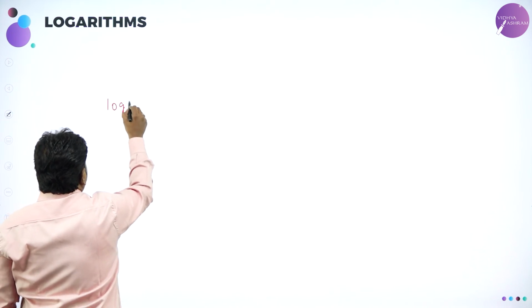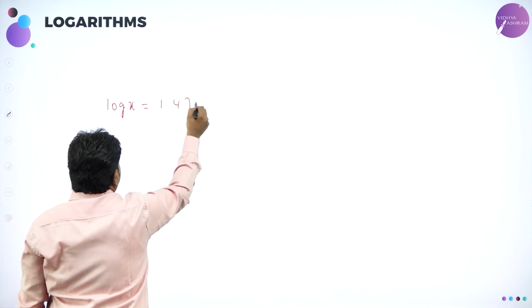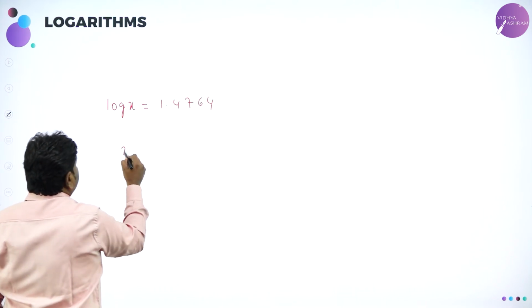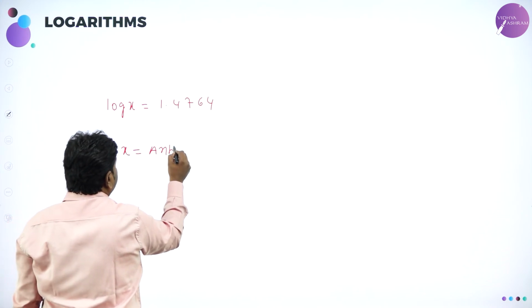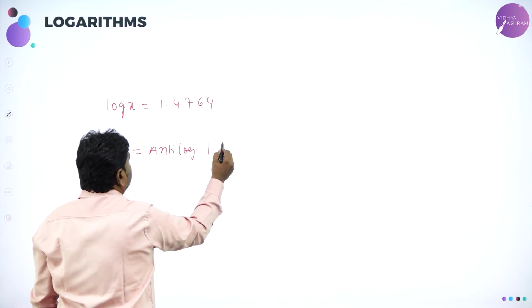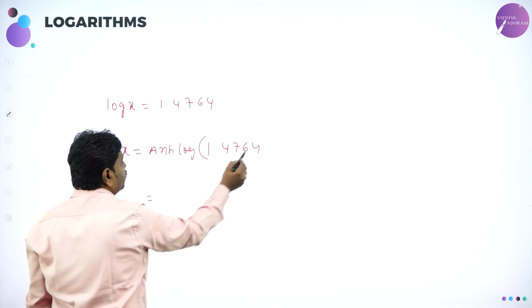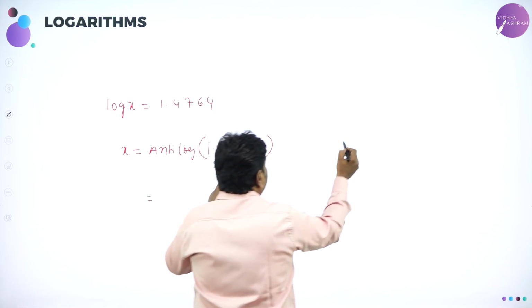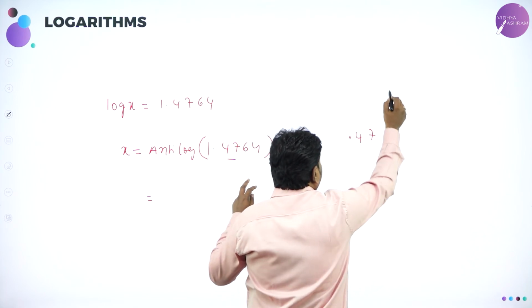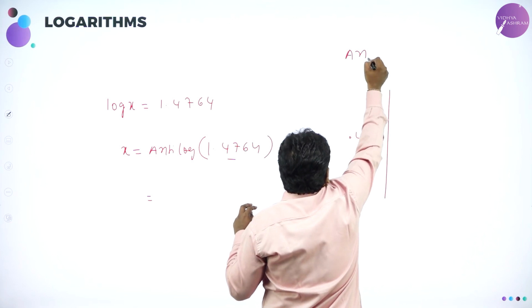Log x is 1.4764. Now x is anti-log of 1.4764. Always anti-log starts from the point. After the decimal I have 47, 0.47. You see anti-log in the heading.